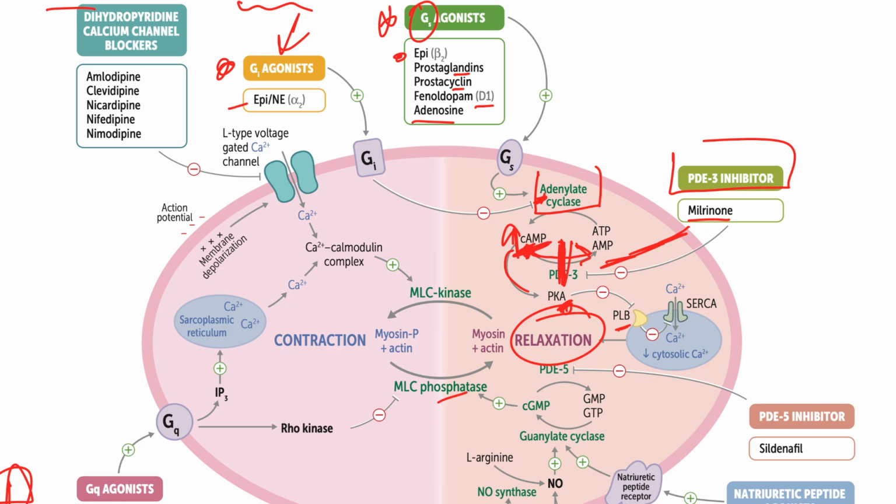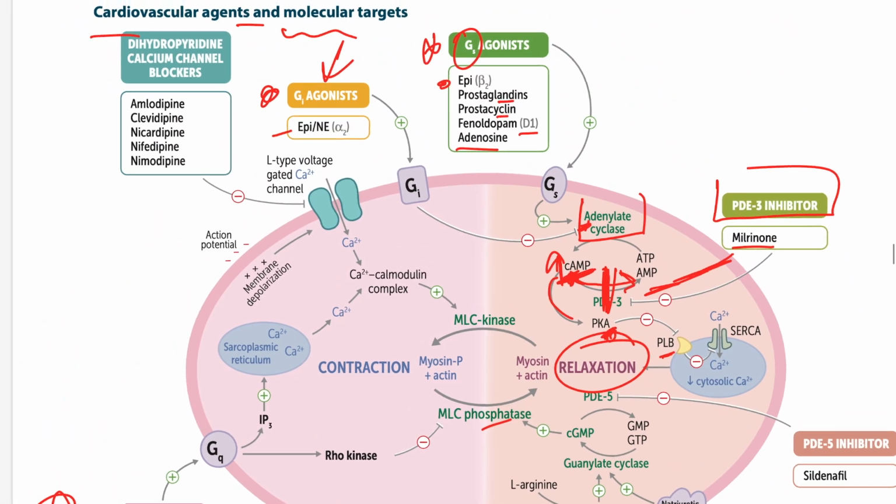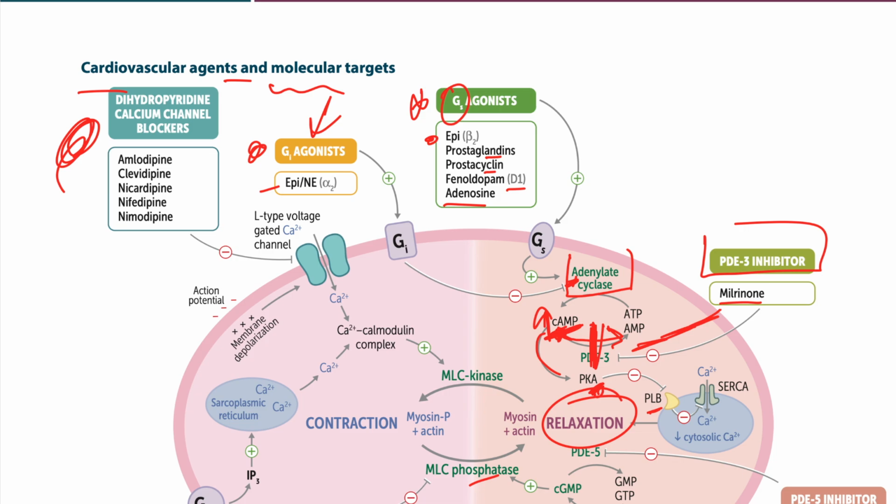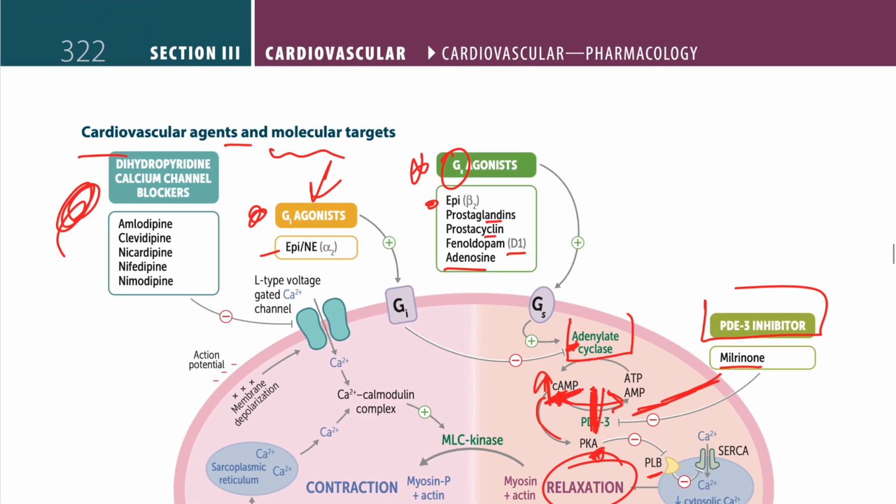And what else do you have? If you look on the bottom side, let's actually look here since we were talking about CCBs, as they work with calcium. We will go into details on all these drugs; this is just a summary. In CCBs, the dihydropyridine calcium channel blockers, amlodipine, clevidipine, nicardipine, nifedipine, nimodipine, are all inhibitors of L-type voltage-gated calcium channels.